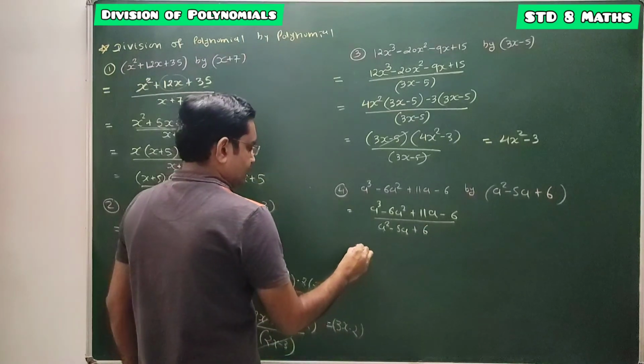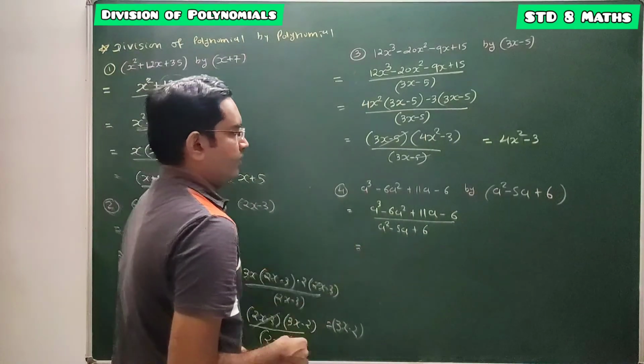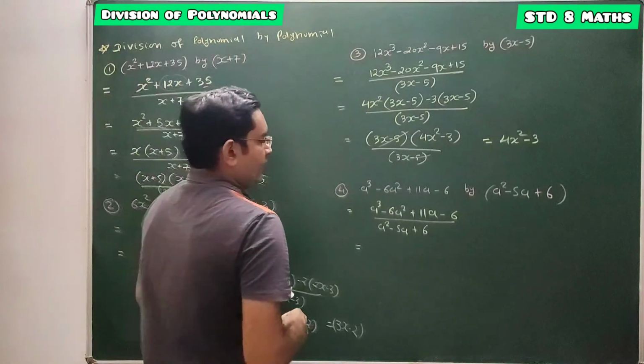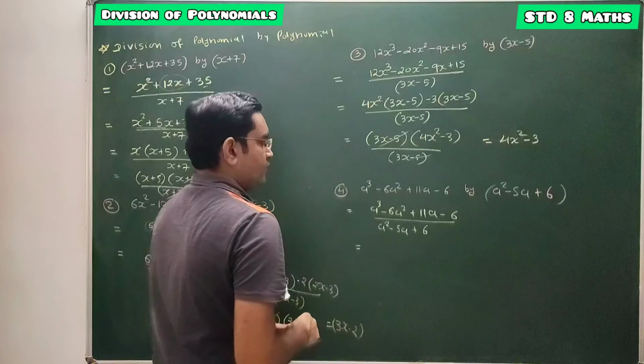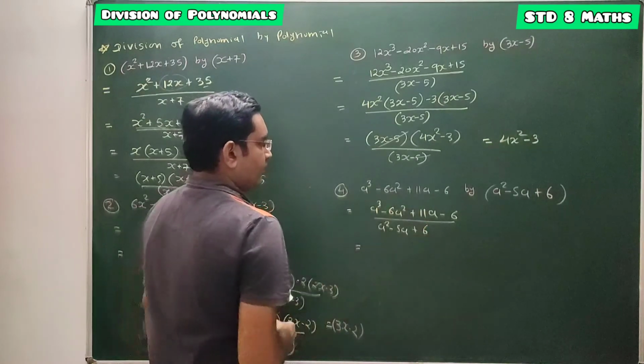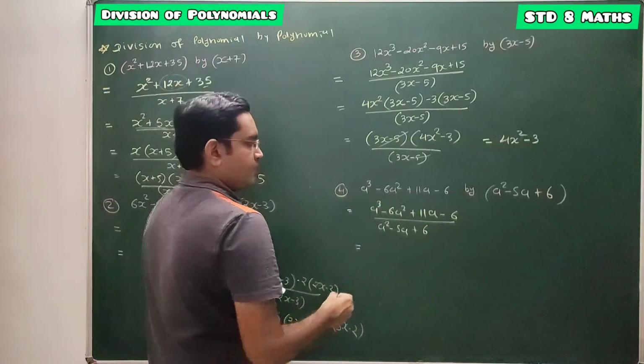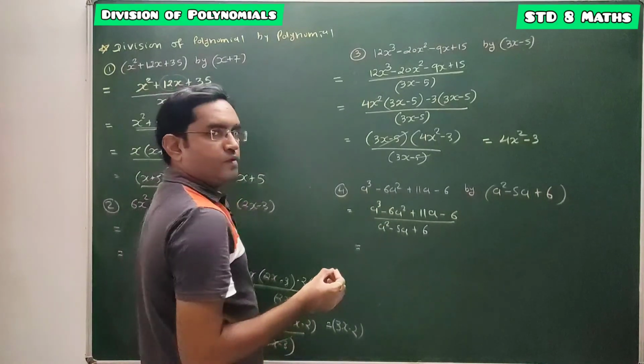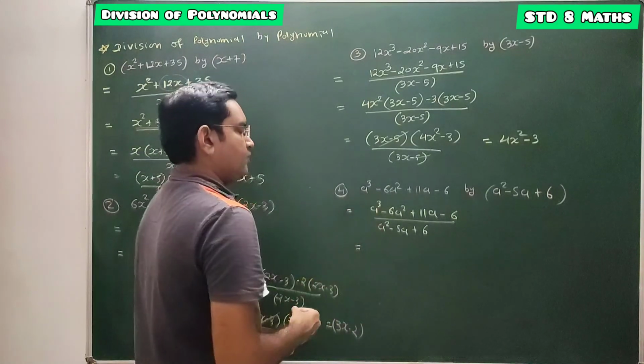So now this is a cubic polynomial. How to factorize this cubic polynomial when the sum of the coefficients is 0? Here the sum of coefficients is 0, so we can say that a minus 1 is a factor of this polynomial.